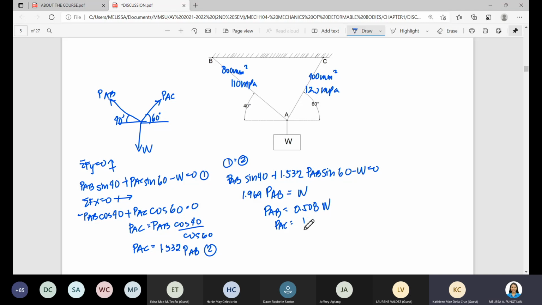So, we have 1.532 of 0.508 W. So, yung ating force at AC is equal to 0.778 W. So, meron na tayong value ng PAB and PAC in terms of W.